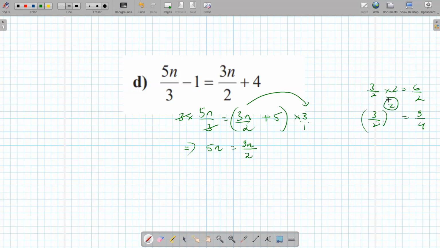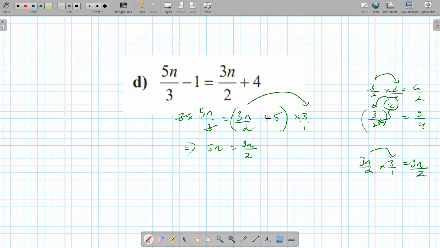If it's squared, it applies to every element inside. Whereas if you're just simply multiplying by 2, what you're actually multiplying is 2 over 1. You multiply the numerator with the numerator, denominator with the denominator. Which is why 3n over 2 times 3 is just like saying 3 over 1. So 3n times 3 is 9n, 2 times 1 is 2.